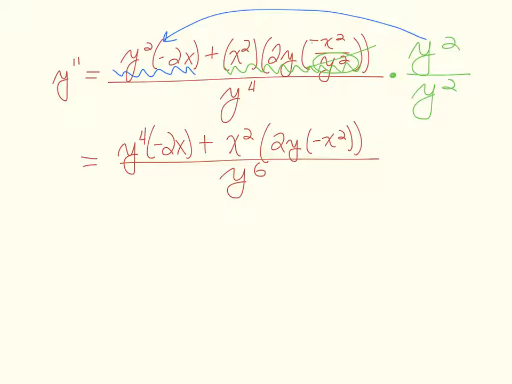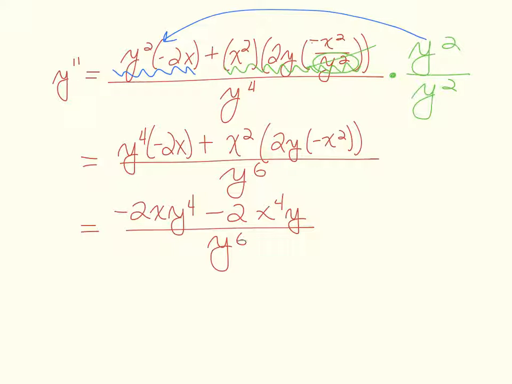And we still have a couple more things that we can simplify, like we can rearrange this first term to say negative 2x y to the fourth. We can rearrange the second term to say negative. That comes from positive times a negative. Negative 2x to the fourth y all over y to the sixth. The last few steps require us common factoring anything that we can see in the numerator.